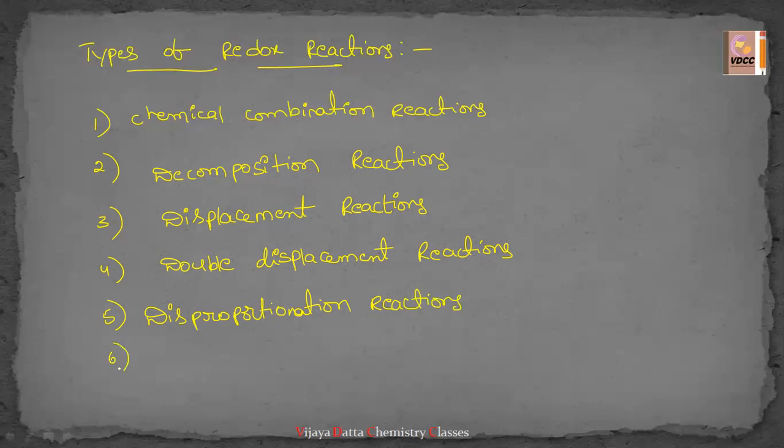And the sixth one is comproportionation reactions. So these are the types of redox reactions. Okay students, without delay we'll go through each one.